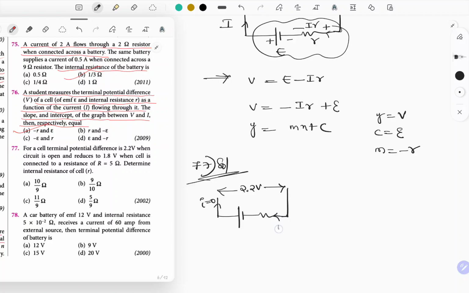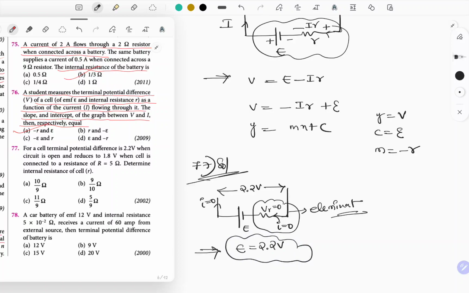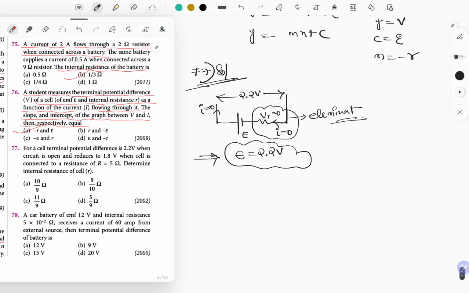Does any current flow through internal resistance? 0. Then voltage drop across internal resistance is 0. So you can eliminate this. EMF of the cell is nothing but the terminal voltage here, which is E is equal to 2.2 volts. So that's the advantage of open circuit. You can find out the EMF of the cell.